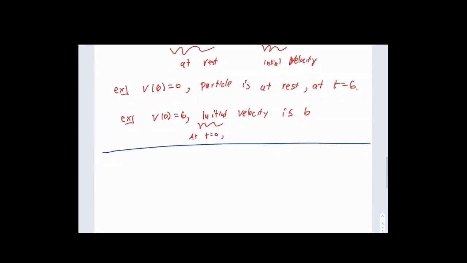So let's do an example here. S of t equals t to the 4th minus 2t.